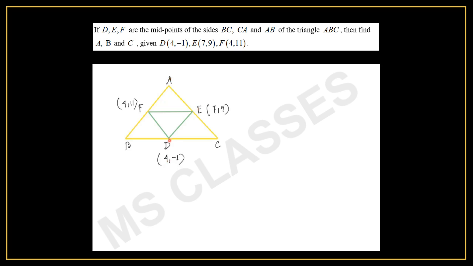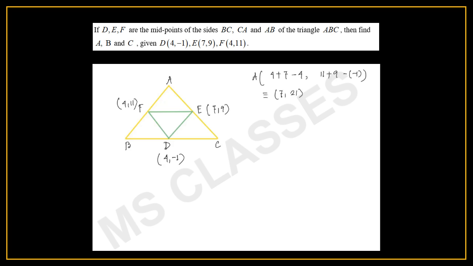So same concept for the abscissa as well as the ordinate. For the abscissa first, it will be 4 plus 7 minus 4, comma, for the ordinate it will be 11 plus 9 minus of minus 1. This gives us 7, comma 20.